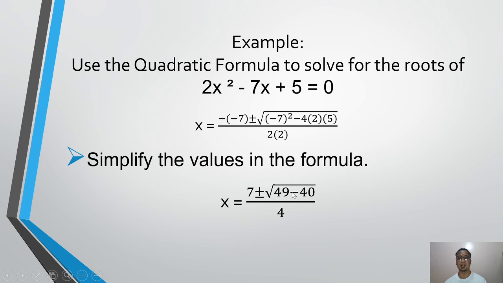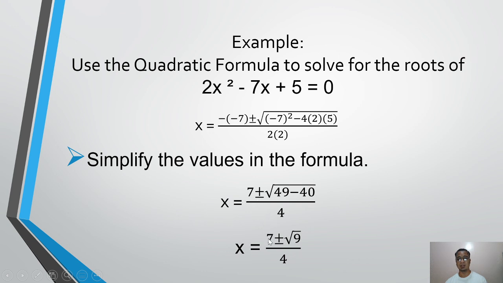Then, copyhin ko ulit yung minus. So, 4 times 2 is 8 times 5, 40. So, magiging sa loob, 49 minus 40. At yung nasa ibaba natin, 2 times 2, we come up with 4. Okay? So, ayan. Nung isinubtract na po natin ito, 49 minus 40, that will give us 9.